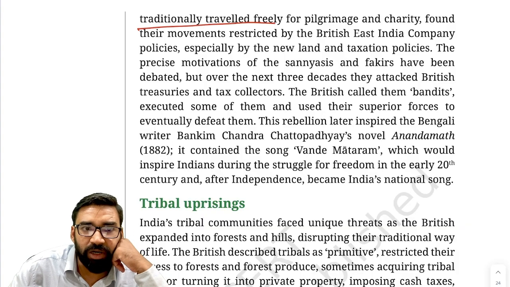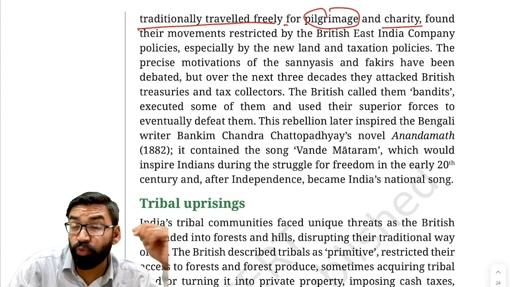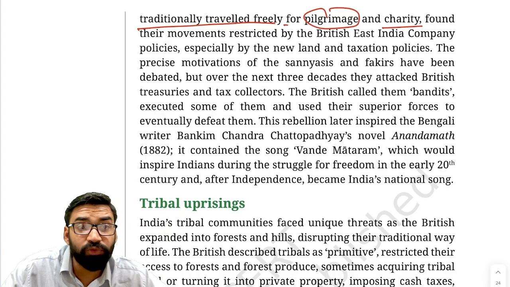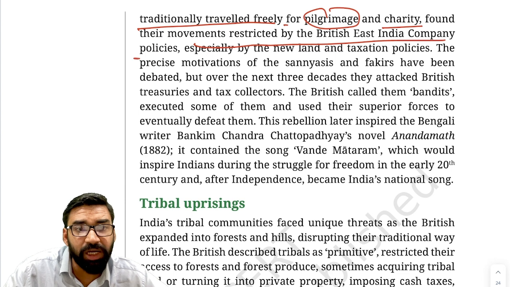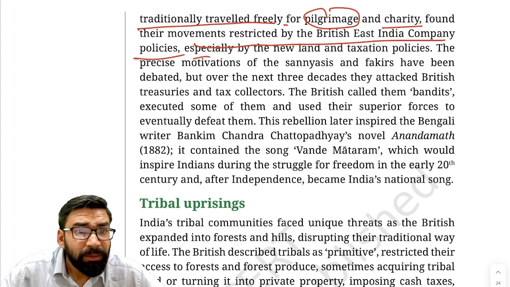Traditionally, they used to travel freely for pilgrimage and charity. Gradually they saw that their movement was restricted by the British East India Company policies, especially by new land and taxation policies.